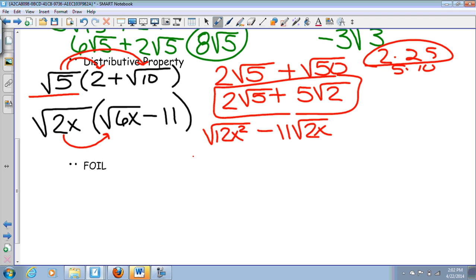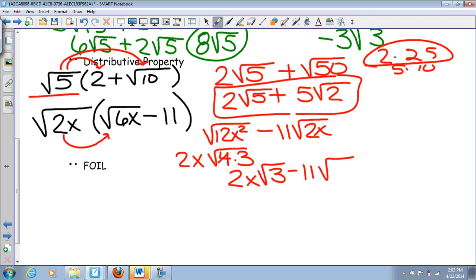Well, we have an x squared, so I know I can pull that out, and 12 can become 4 times 3, right? Square root of 4 is 2, so 2x times the square root of 3 minus 11 times the square root of 2x. Can any of that be simplified? No, so this becomes my final answer.